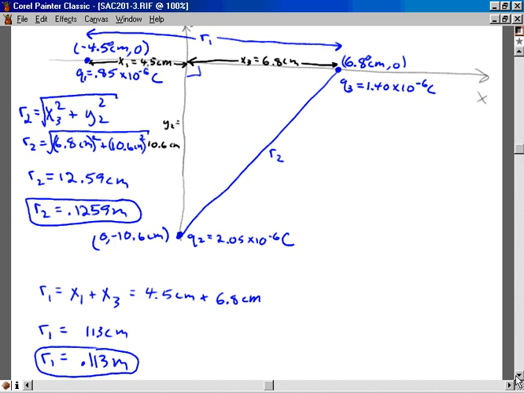Okay, now I'm in a position to calculate the force on particle number 3 due to number 1. I'll apply Coulomb's law in order to get that.